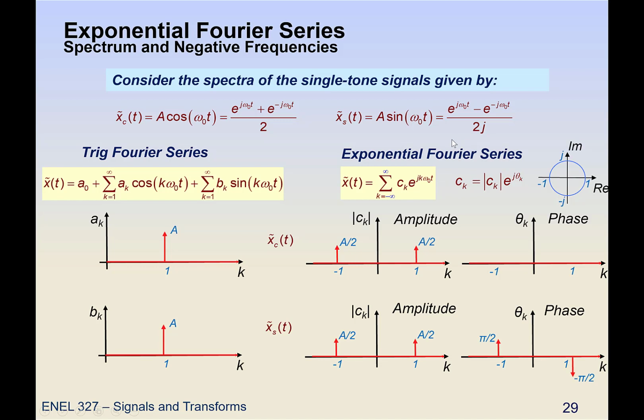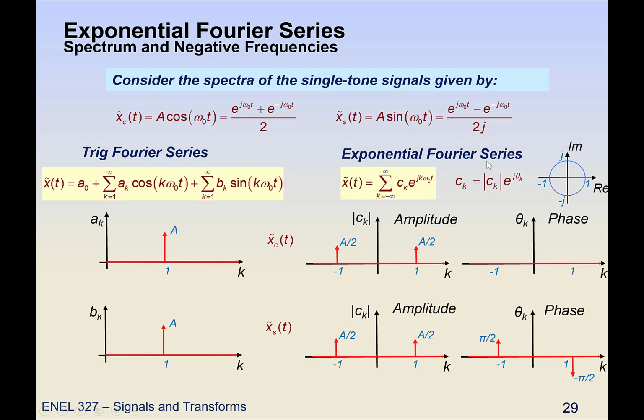For the exponential Fourier series, note that this first one has a coefficient of 1 over 2j, or in other words, if we multiply by j on the top and j on the bottom, we have minus j over 2. Well, minus j is actually over here, so that's at an angle of minus pi over 2. So this first term actually has a phase of minus pi over 2.